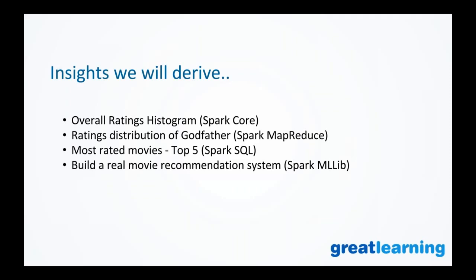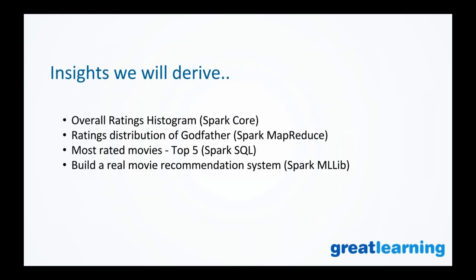The ratings users have given in this data set range from 1 star to 5 star. Using the Spark core module, we are going to extract how many 1-star ratings have been given by users, how many 2-star ratings have been given by users, and so on and so forth.